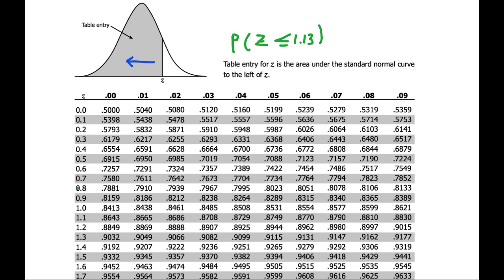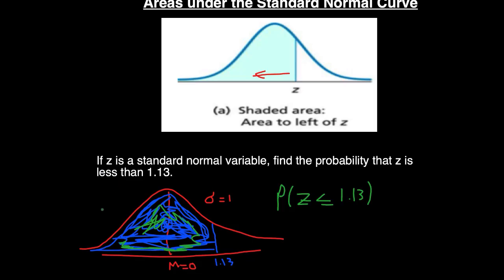For the z value, you see here 1.1, but we need 1.13. So 1.1 is here and 3 is here. If you go down and draw this line, then this is the number at the intersection. It means 0.8708 is the area under the standard normal curve less than 1.13.